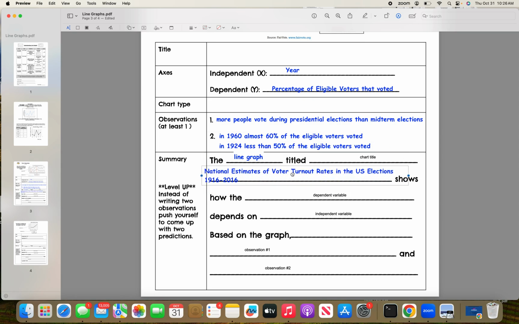Drag that down here. That's the title of it. And then our dependent variable shows how the year, I'm sorry, that's our independent variable, is the year. Our dependent variable is right here.